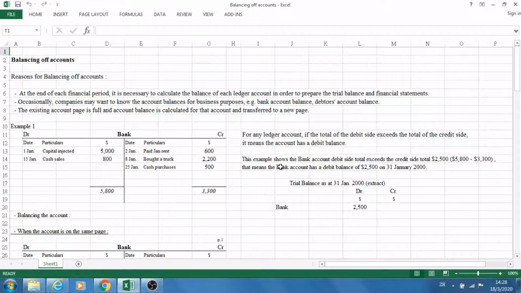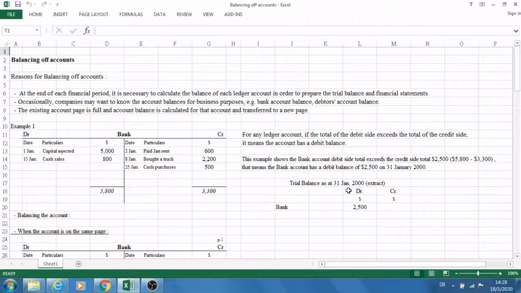This example shows the bank account debit side total exceeds the credit side total by 2,500. That means the bank account has a debit balance of 2,500 on 31st January 2000.